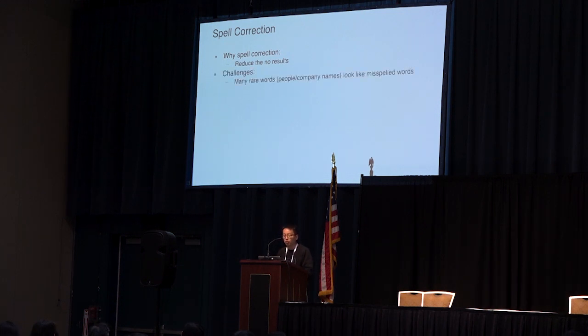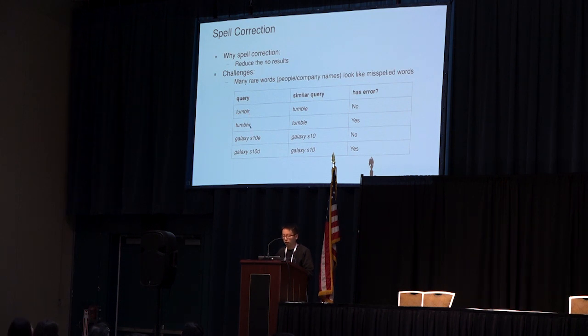Building a spell correction system is very challenging for two reasons. The first one is there are many rare words, like people or company names, that look like misspelled words. This is an example. Both tumbler and tumble W are similar to tumble, but the first one has no errors, while the second one actually has errors, because Tumblr is a social media.